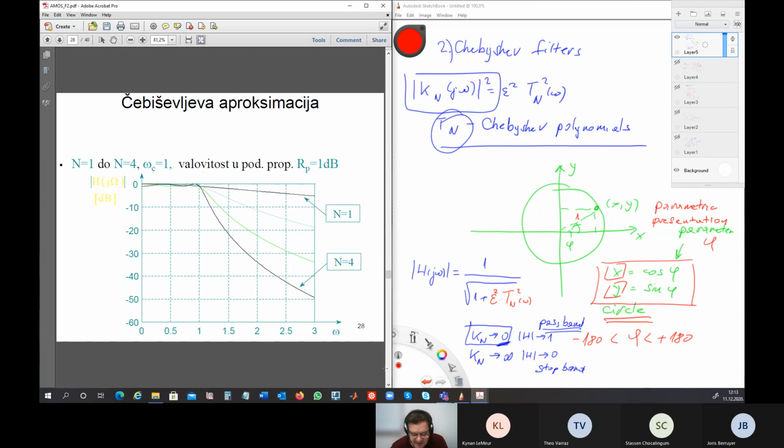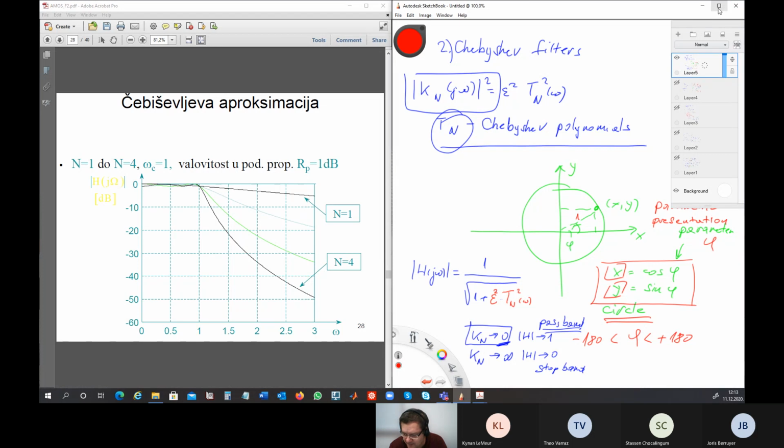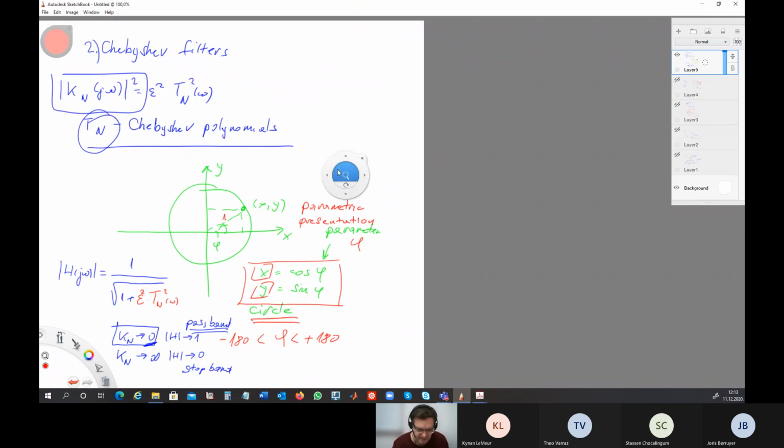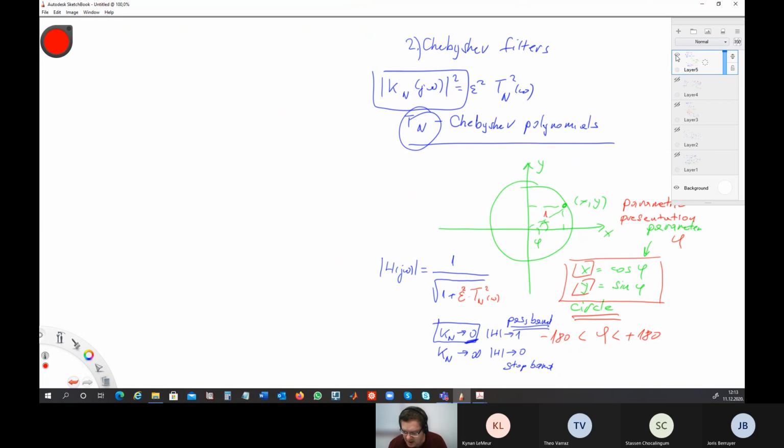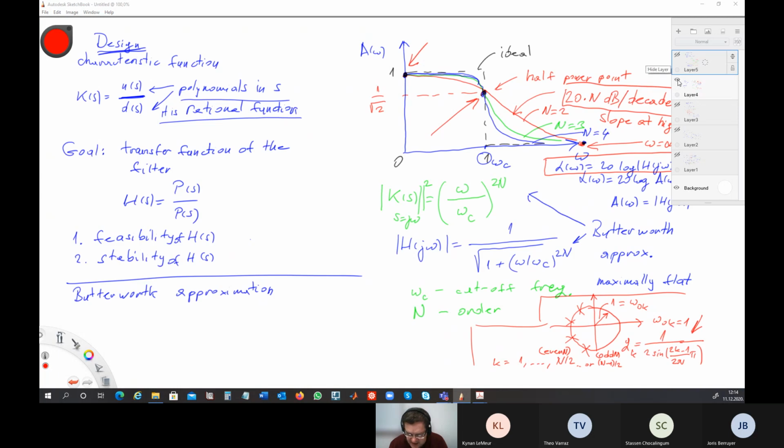This is Chebyshev, how it looks like. You see something very interesting by Chebyshev. If we look at the previous slide, here we see Butterworth. So this is Butterworth. How it looks by Chebyshev. If we compare, I will plot it here.